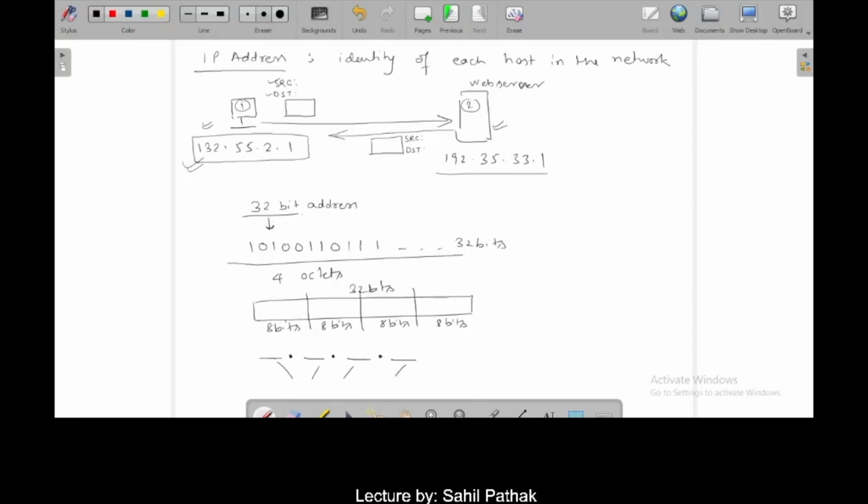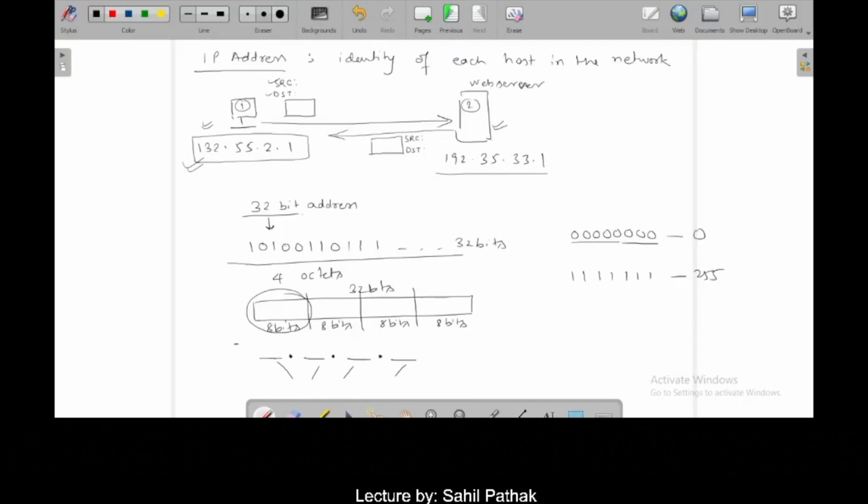Now, each octet has a range. If I fill all 8 bits with zeros, it gives the minimum value, which is 0. And if I fill it with all ones, it gives the maximum, which is 255.